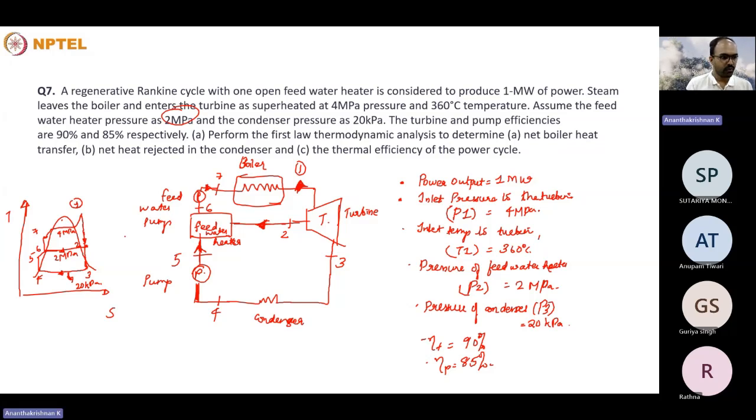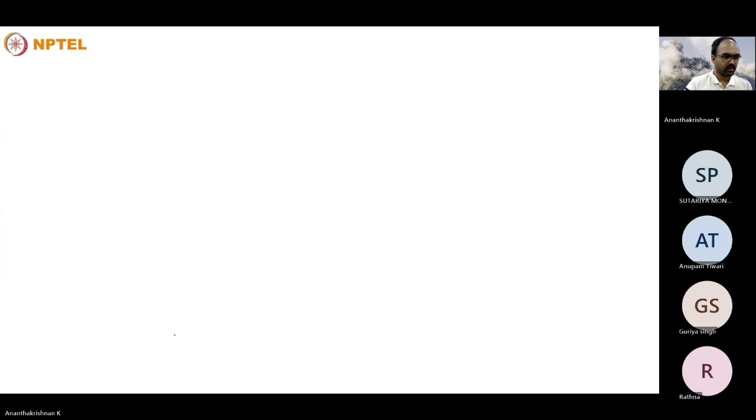So the point 4 will be saturated liquid, saturated water.